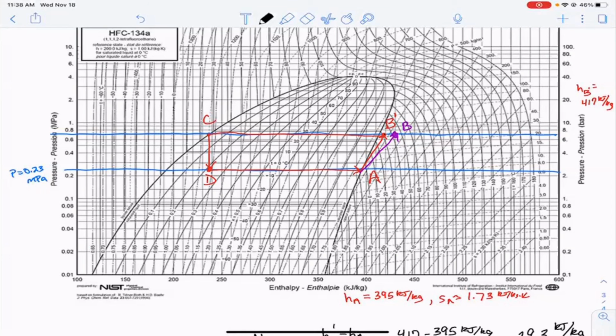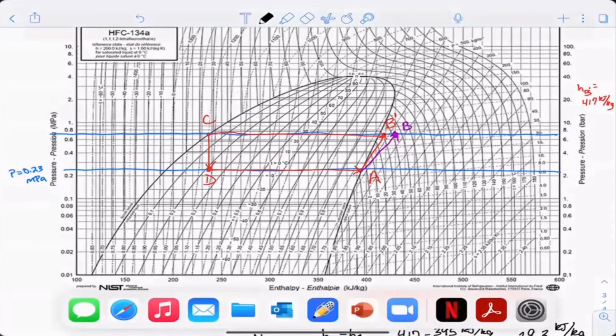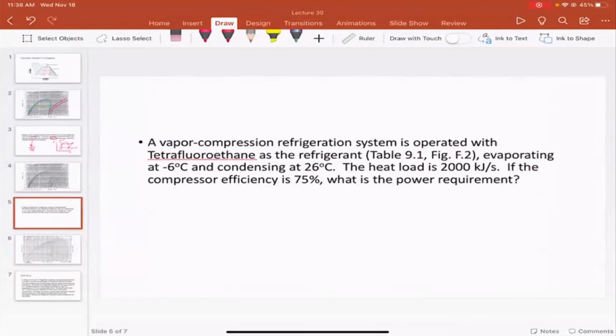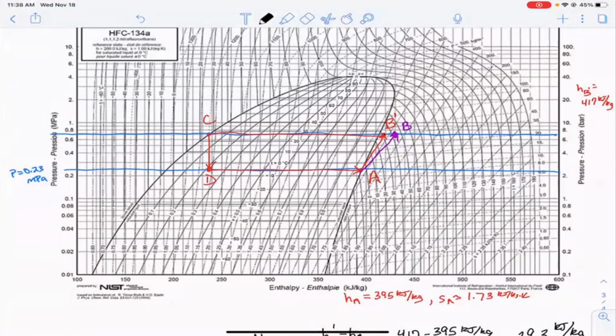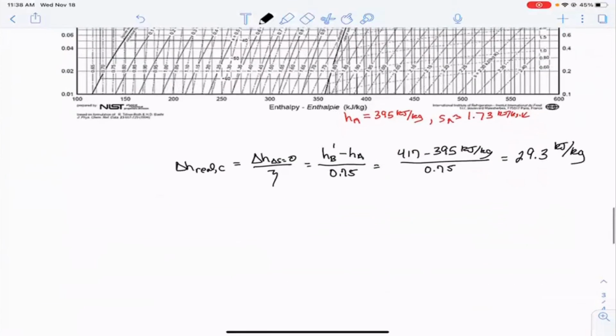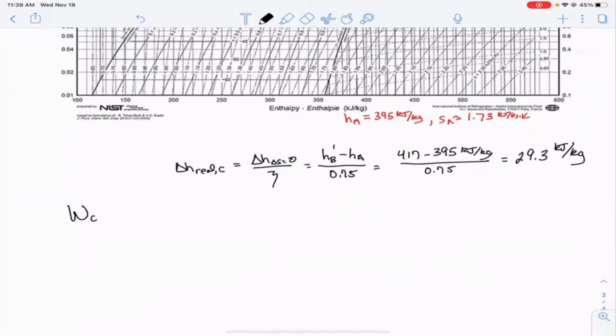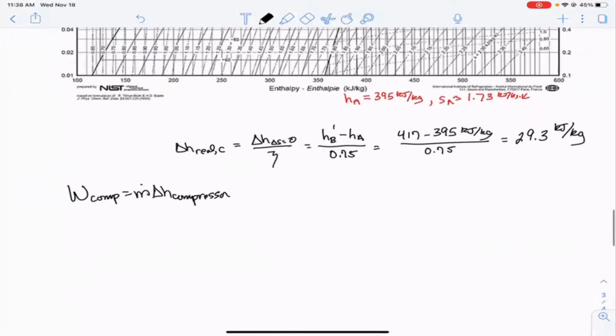All right. Yeah. So we were also asked in this problem to calculate the power that is required to run this cycle for this heat load that's 2000 kilojoules per second. So when we're after the power, we're really after the work of the compressor, which is m dot delta H for the compressor. So we don't know what m dot is, and that's where the heat load comes into play.